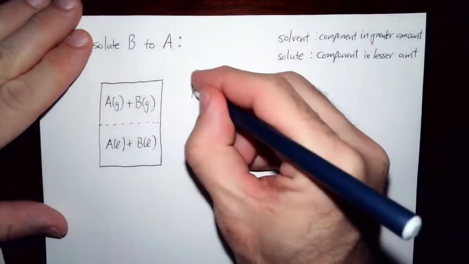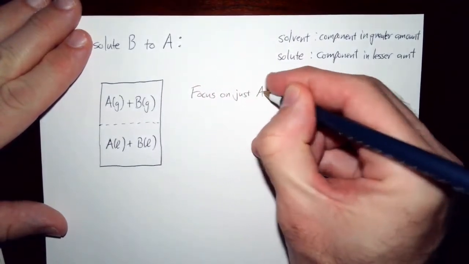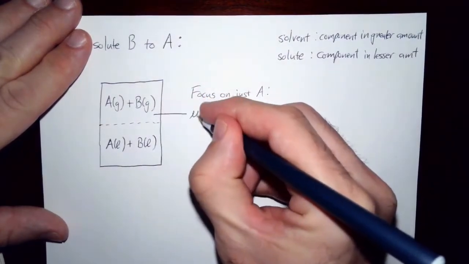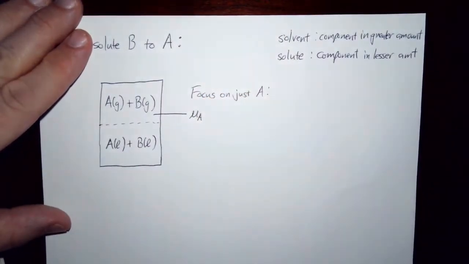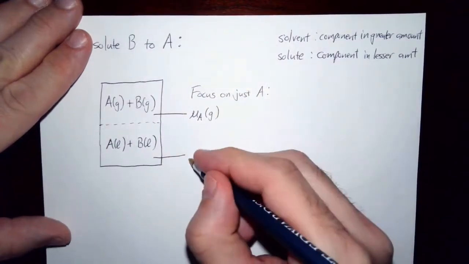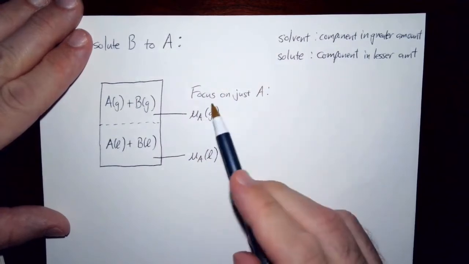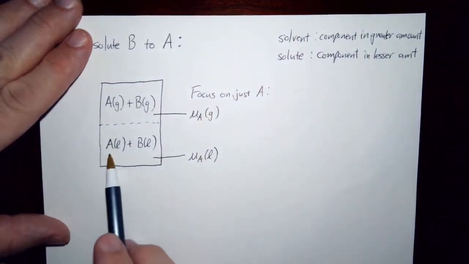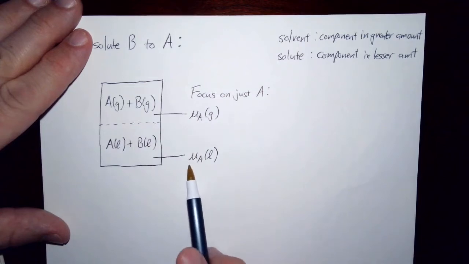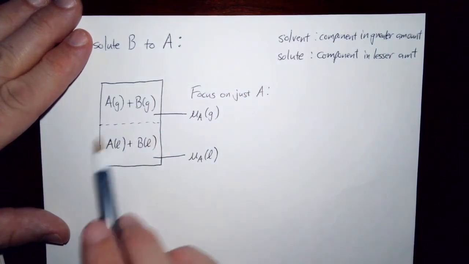Okay, so I want to focus on just A. So focusing on just A, here we have the chemical potential of A, gas. And here we have the chemical potential of A, liquid. And notice I've dropped the stars because this is no longer pure A. It's a mixture of A and B. And I'm looking at the chemical potential of just substance A as it exists in this mixture.